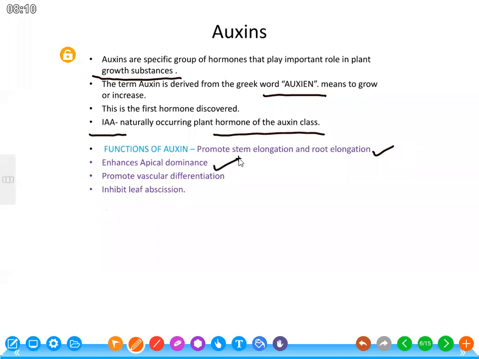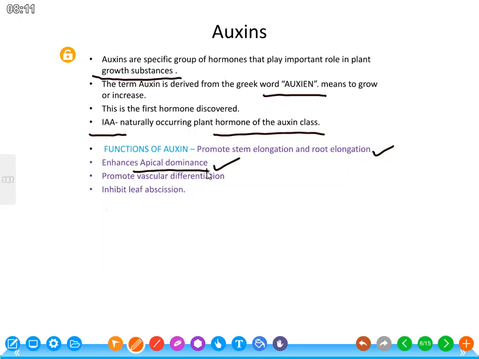Apical dominance means while the apex is present, the growth of the lateral bud is inhibited. If the apex is present, auxin is also produced, so the growth of the lateral or axillary bud is inhibited. That procedure is called apical dominance.